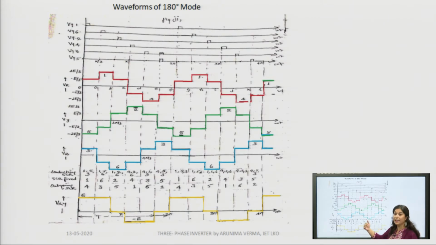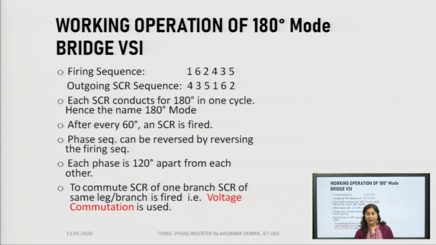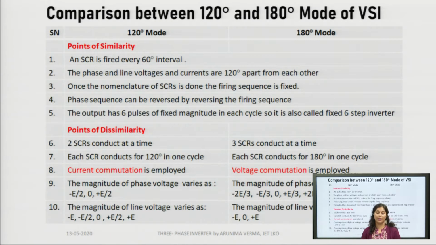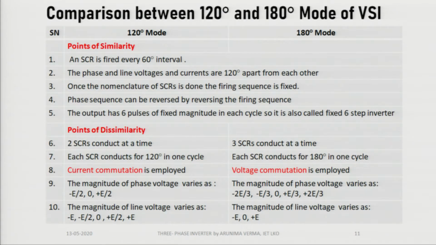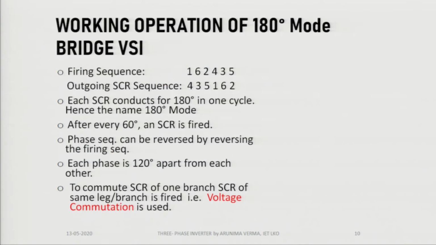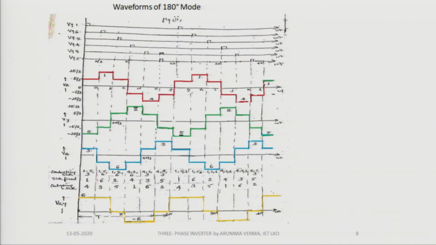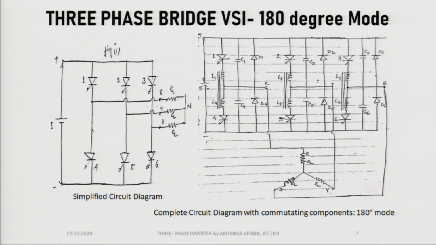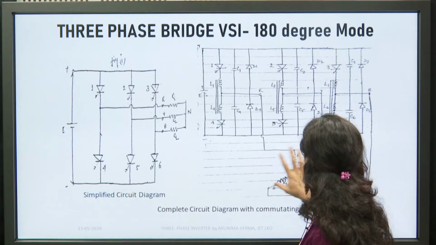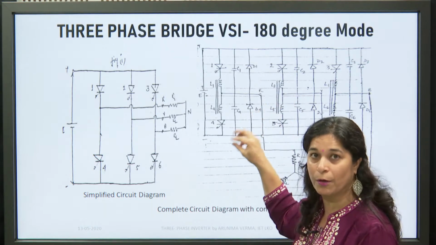Just compare 120-degree mode and 180-degree mode, and you will find that there are many differences and similarities between them. Basically, to get back to the circuit diagram, this is the simplified waveform of 180-degree mode and the commutating components which are connected in the fashion to apply voltage commutation.